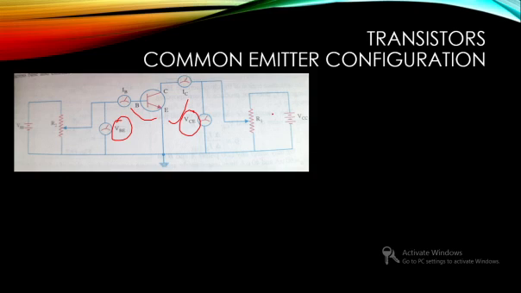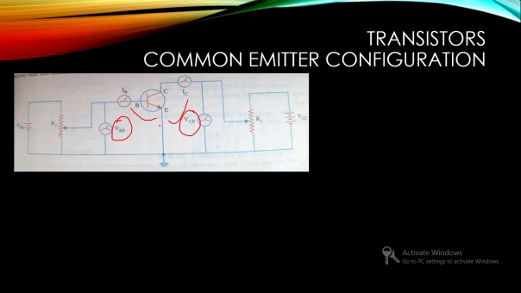Similarly, you are connecting a supply in the output circuit parallel to the rheostat, and the rheostat can be changed so that the voltage across the collector and emitter changes. So this is the test circuit used for studying the common emitter configuration.